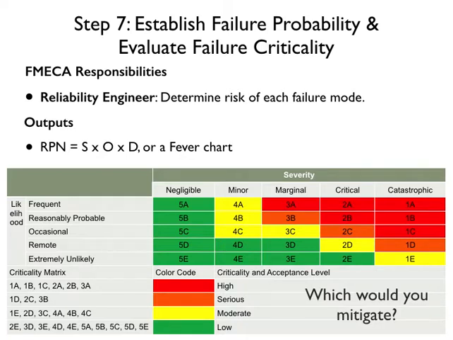Okay, so the chart on the bottom here shows the severity versus the likelihood, and it has been determined that certain combinations of severity and likelihood relate to certain risks.